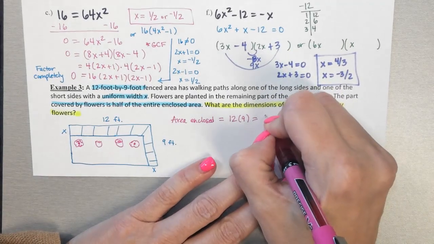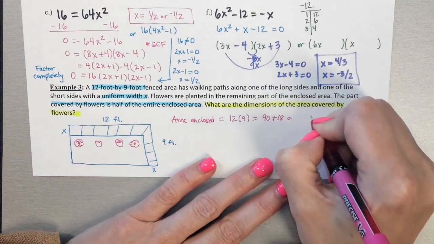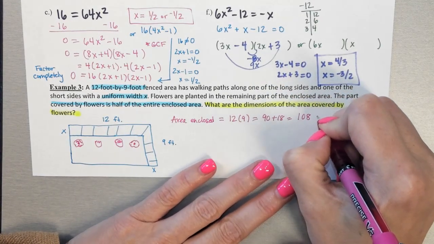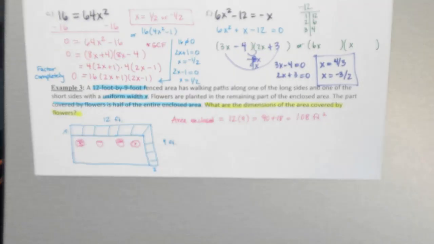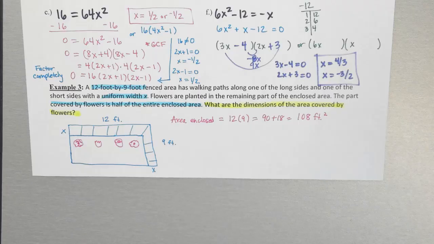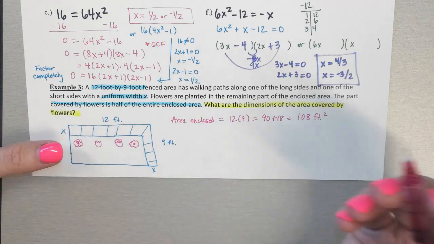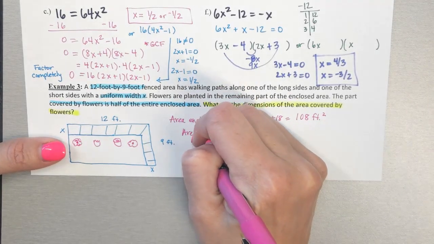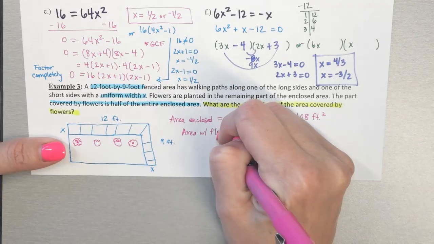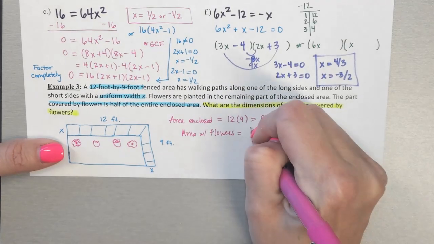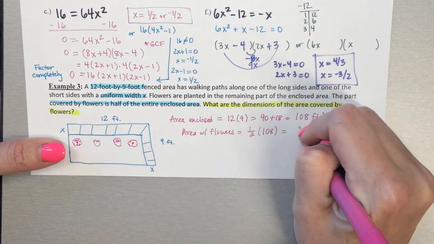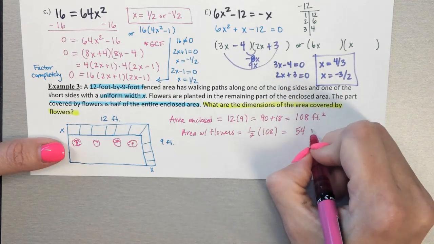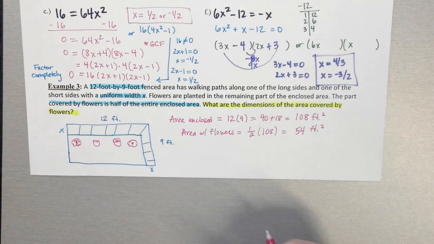Okay, so 90 plus 18, 108, and this is feet squared. Okay, and then if the part covered by flowers is half of that, the area with the flowers would be what? Yeah, great. Nice work. So we just take 1/2 of that 108, and we know that is 54 feet squared.